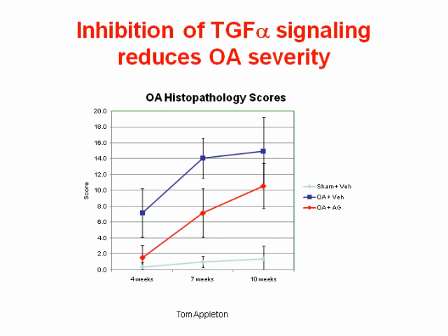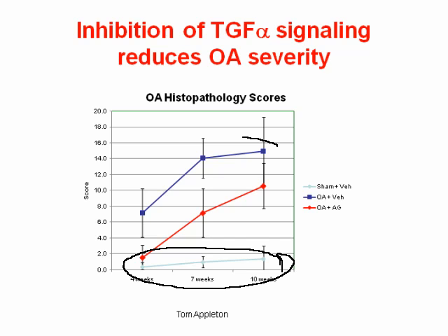And we can also use a scoring system that people have developed to quantify, put numbers on the severity of the osteoarthritis. And if you look at the green at the bottom, that's our control. This is just normal, healthy joints that get a tiny little bit of arthritis over time, just with aging.